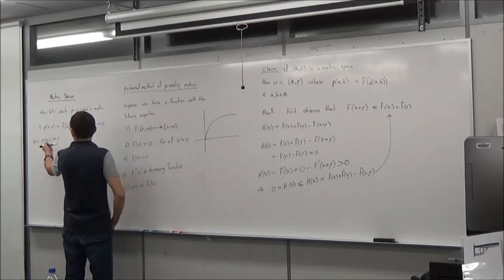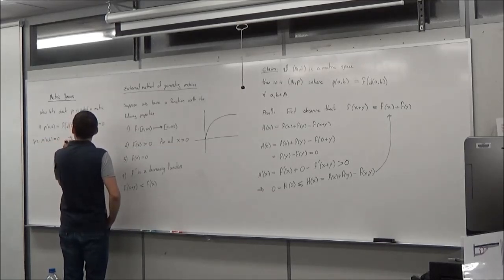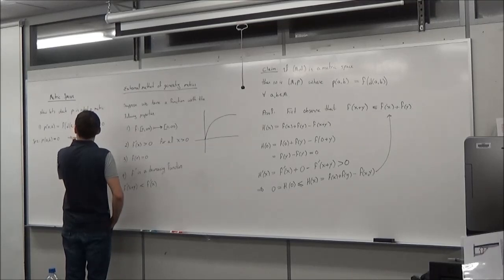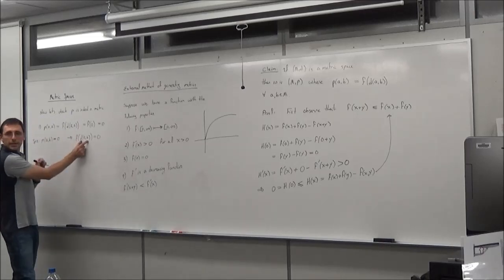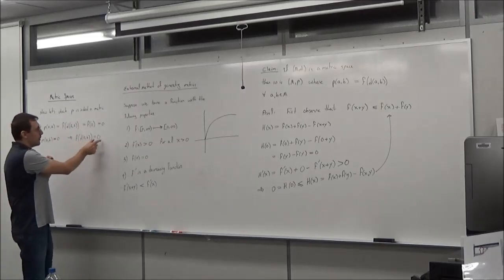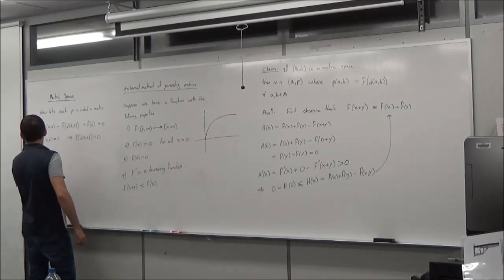So rho from A to B is 0. That implies f of the distance from A to B equals 0. Now look at the graph. Whatever number this is maps to 0, and there is only one such number. So the implication is that the distance from A to B had to be the number 0.